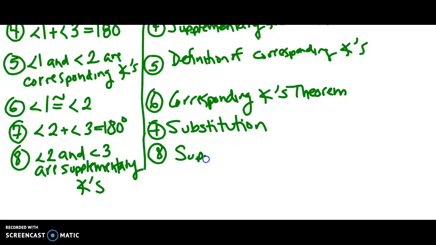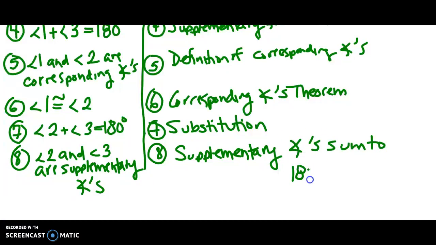And how do we know that? Supplementary angles sum to 180, or two angles whose sum is 180 degrees are supplementary angles. And we are done with this proof.